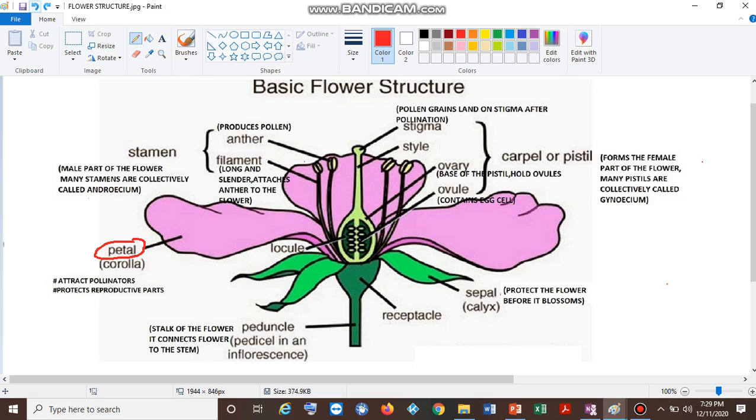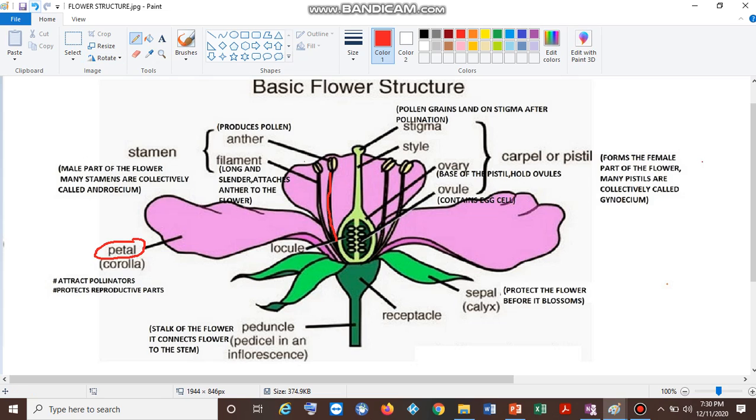And this anther is connected to the base of the flower with the help of this stalk, which is called filament. So a stamen consists of anther that produces pollen grain and filament which attaches this anther to the base of the flower.